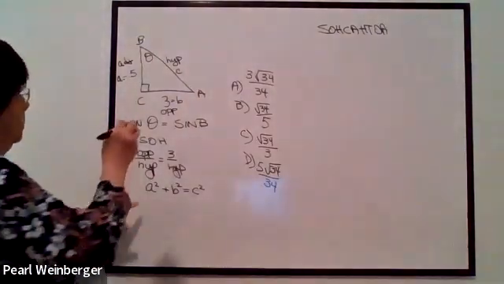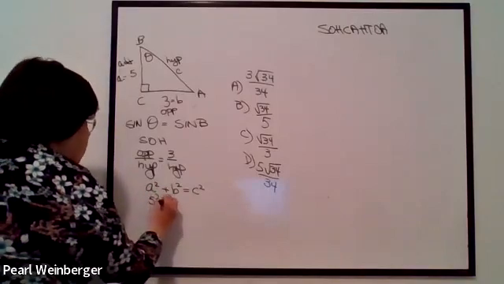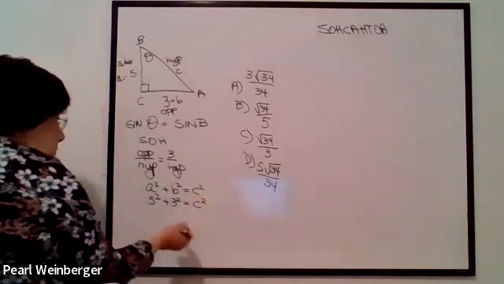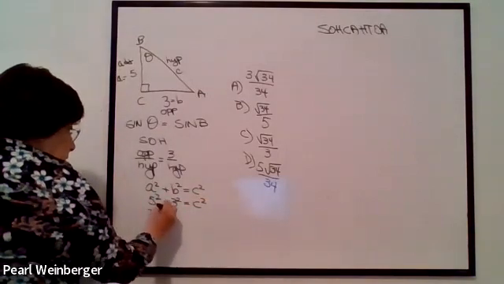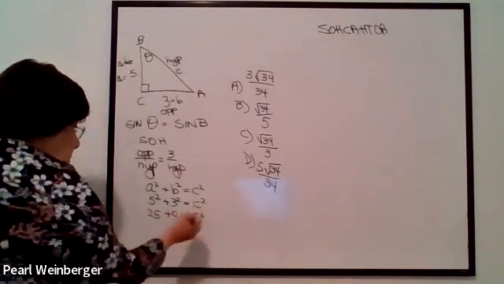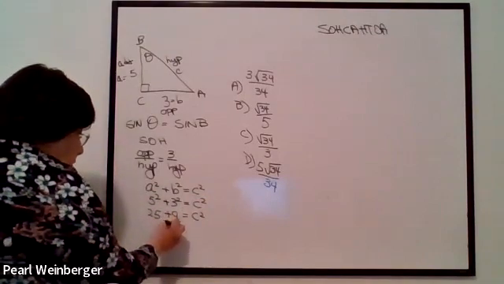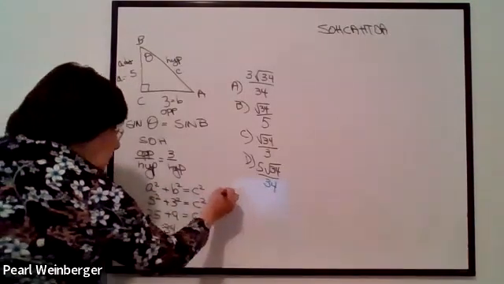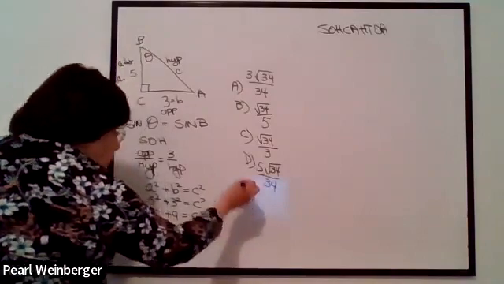So this is going to be 5 squared plus 3 squared equals C squared. So 5 squared is 25 plus 3 squared, that's 9, is my C squared. And 25 plus 9 is 34. So my C is the square root of 34.